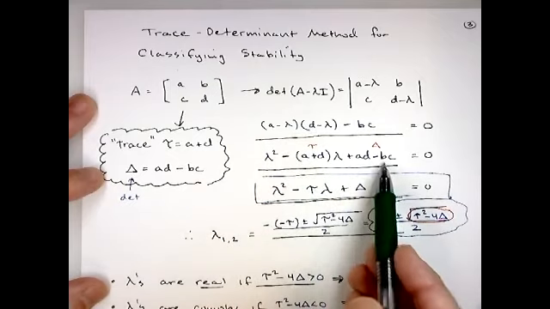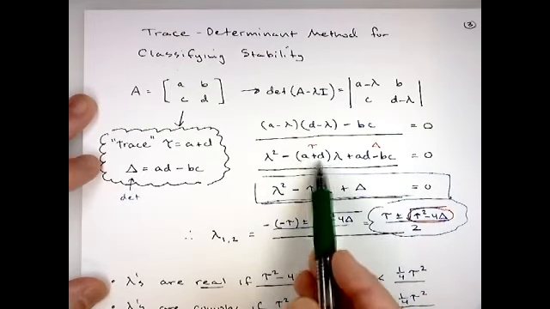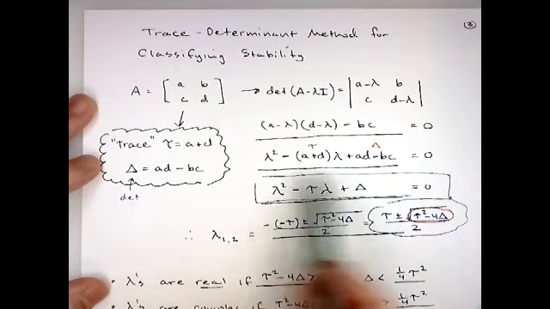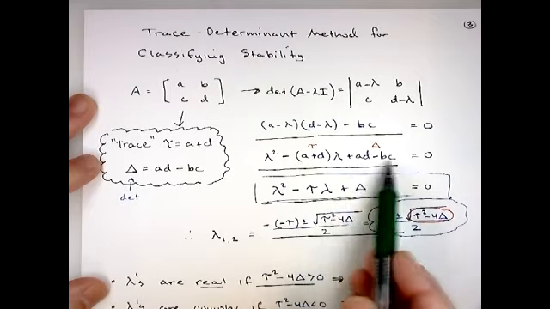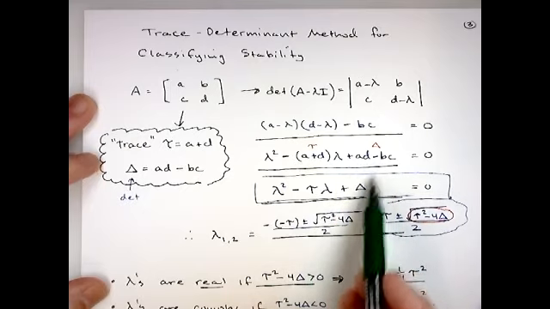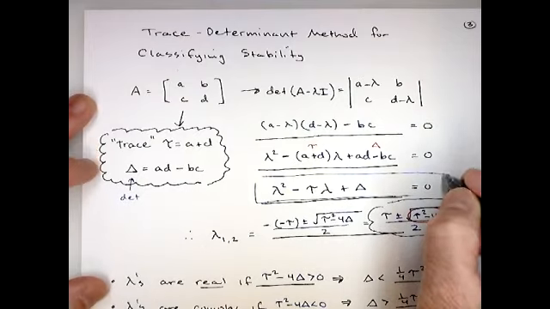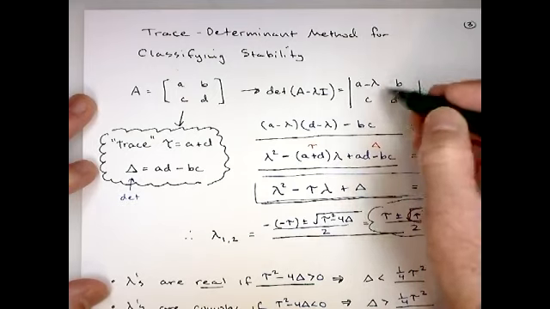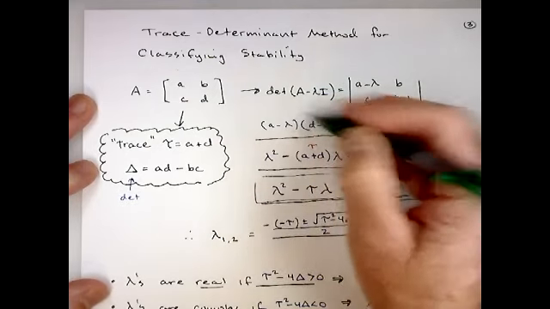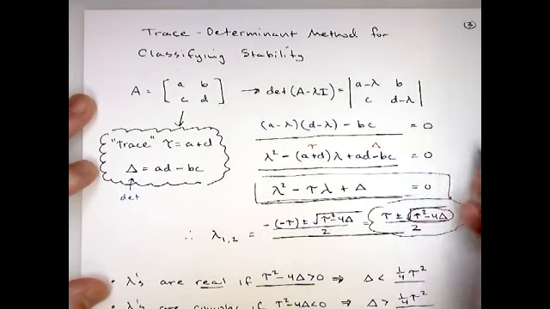That's right there. Notice this is the trace. A plus D is the trace. And the last part here, AD minus BC, that is the determinant. So even if you just know this, it can make your life a little bit easier. I don't know about you, but I've had some times where when I'm FOILing this out, I miss a minus sign or something like that.